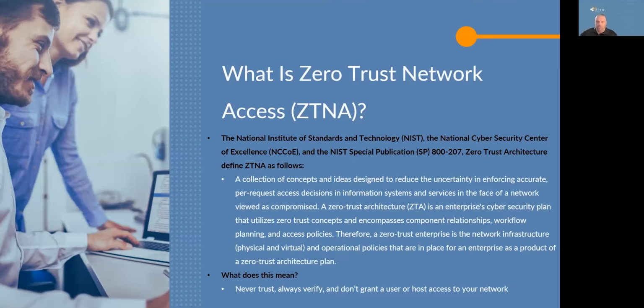I won't read that large block to you, but in that first white section it's saying it's a concept for workflow planning and access policies. It's going to cover anything virtual or physical. So whether you're in a virtual data center, you've got a physical data center, or you have an office set up, it doesn't matter. And that you're going to have operational policies in place for this architectural plan.